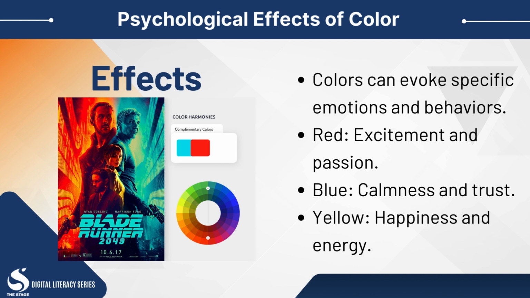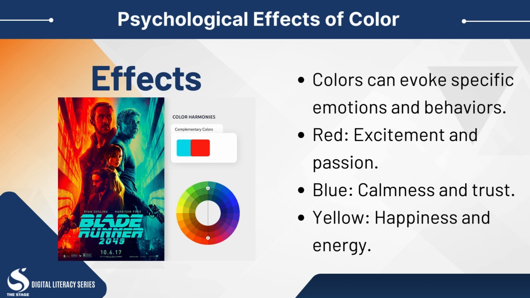We have our psychological effects of color. Now, color can evoke specific emotions and behaviors. For example, red can signify energy and passion, while blue, on the other hand, can be calming or trustworthy. And then if we see yellow, yellow often represents happiness and warmth.